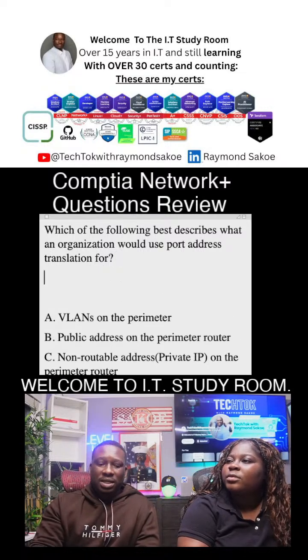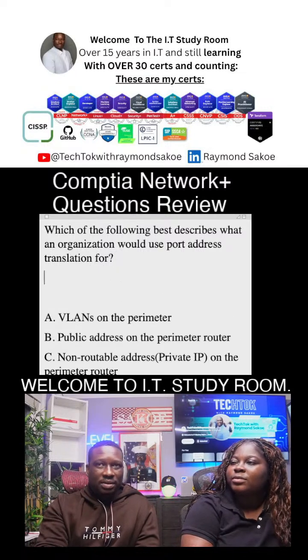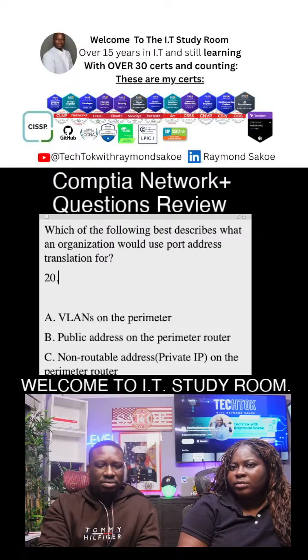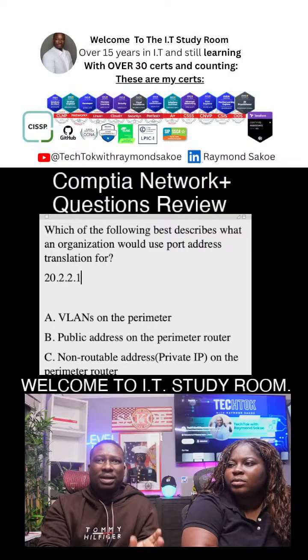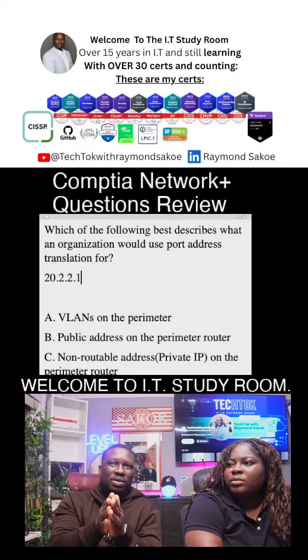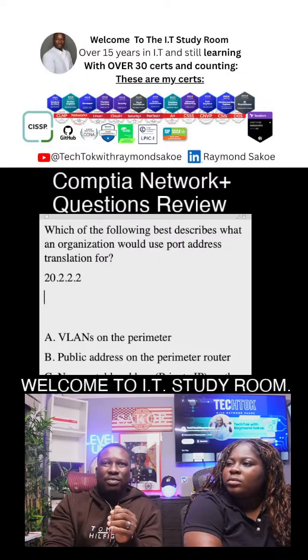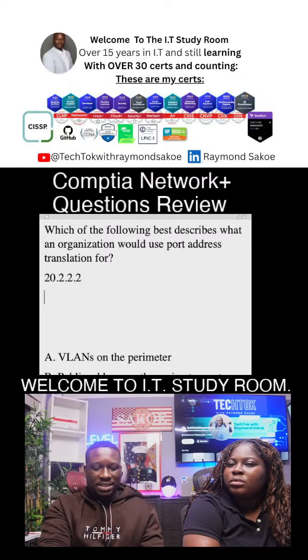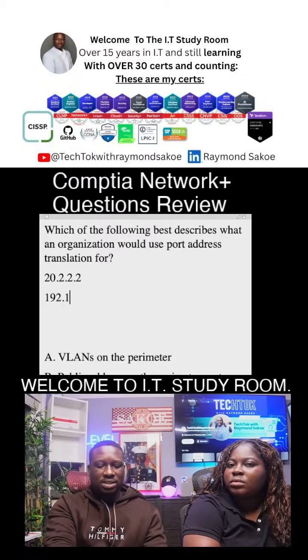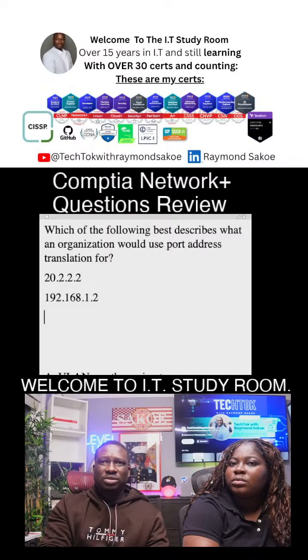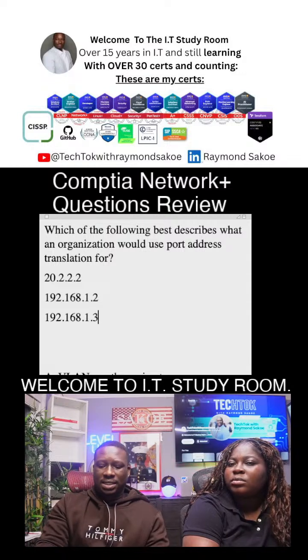So now let's say the public IP address that your internet service provider gave you was 20.2.2.1. Now if you have internal devices 192.168.1.1, and then we have the same thing, and this will go .3, and then .4.